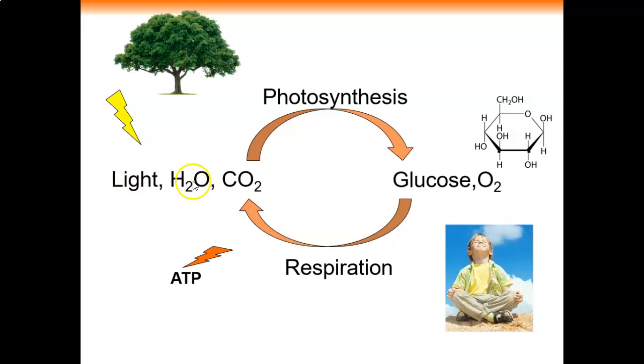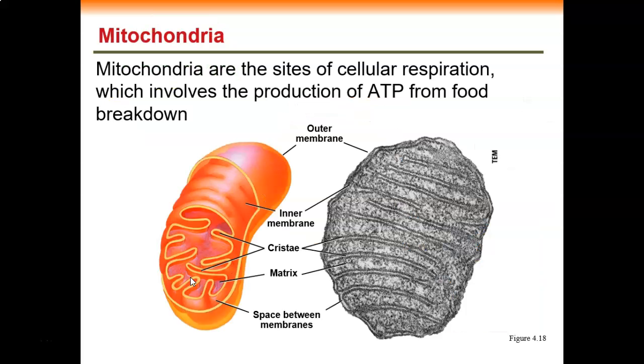So it's water and carbon dioxide and sugar and oxygen. But the whole point of this is that we are making energy. So the point of photosynthesis is to make sugar. The point of aerobic respiration is to get energy and make ATP. So the mitochondria is the site of aerobic respiration. So this is how we take food, we eat it, we break it down, and we get energy.